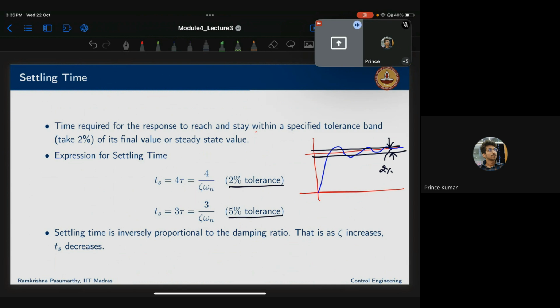When that is 5%, this is the expression. So you'll have 4 by zeta omega n, 3 by zeta omega n. You can see here, the settling time is inversely proportional to the damping ratio. So as zeta increases, the settling time decreases.